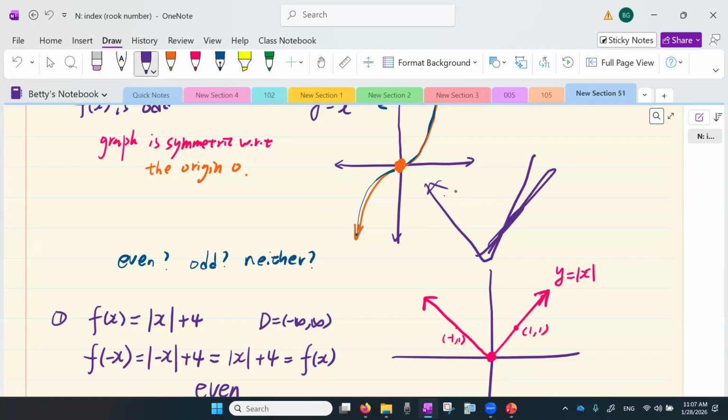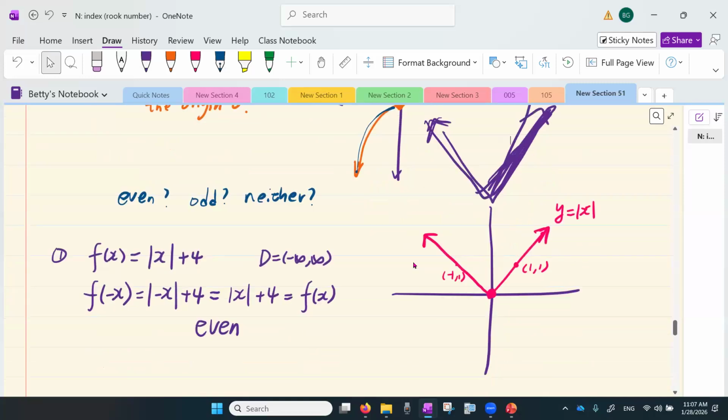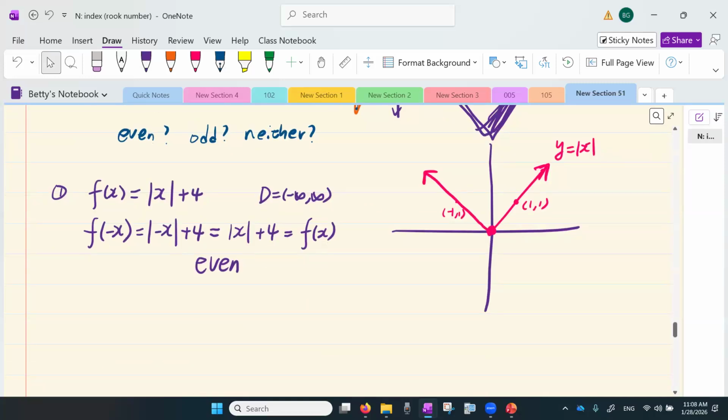It's also even. It's gonna be 4 units above this parent curve. This is the transformation of the parent function. The parent function is even, and the transformation is only a vertical shift, so it doesn't change the even function feature. So still even.